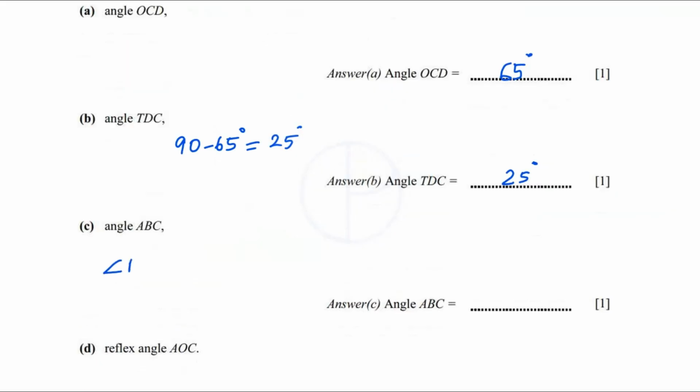So angle ABC is nothing but angle ABO plus angle OBC. So this is 45 and this is 58. Adding, we get 103.